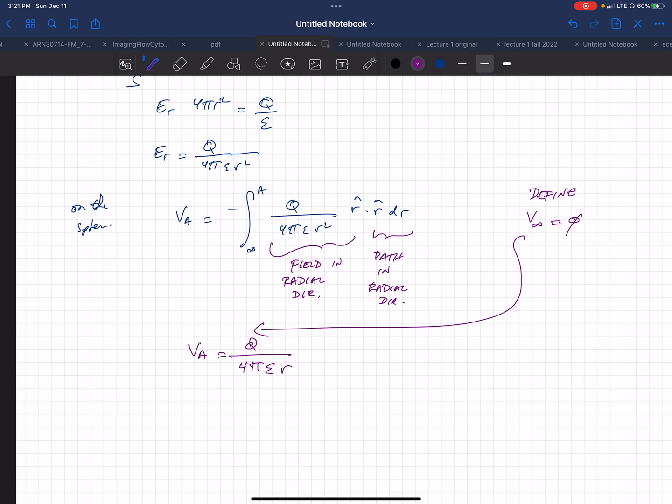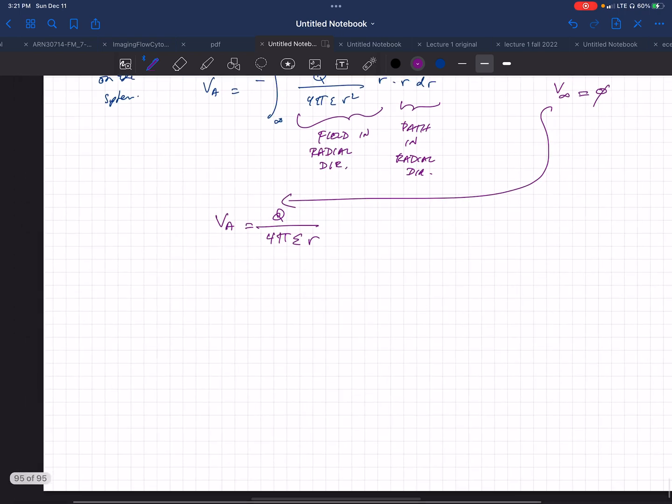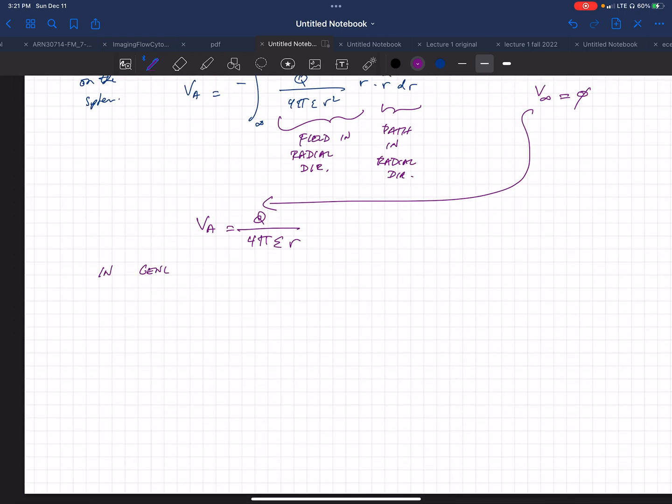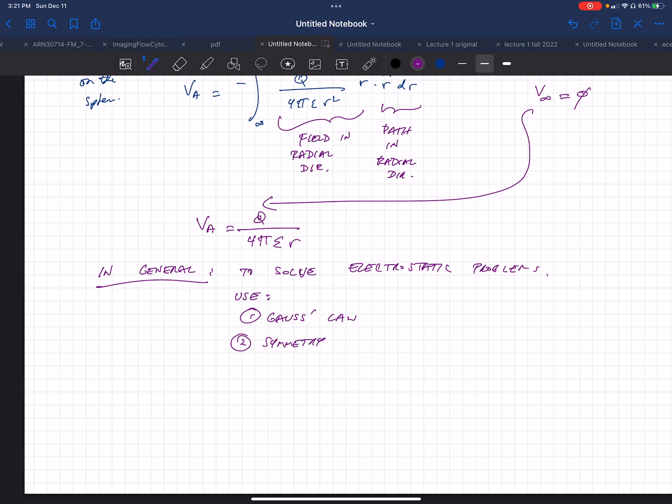Again, in general, to solve these kinds of problems, to solve electrostatic problems, what people do is they use Gauss's law and symmetry, and good knowledge of integral math.